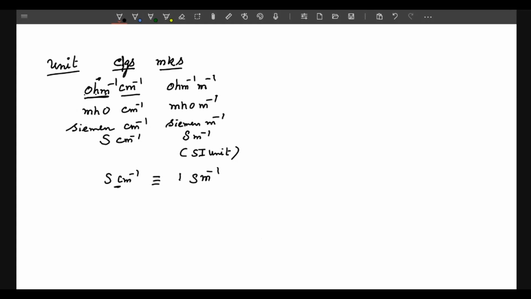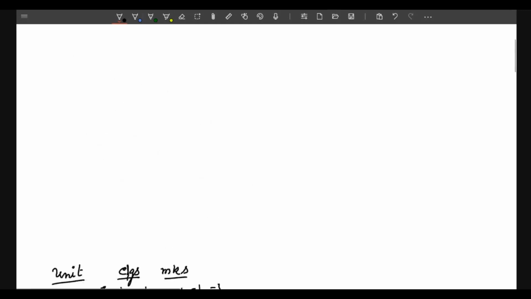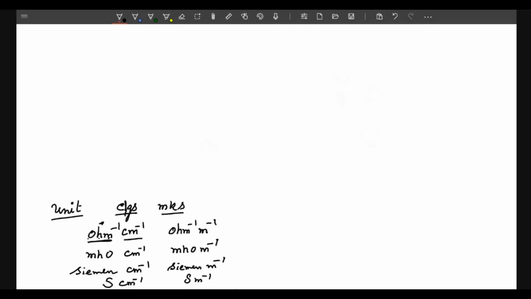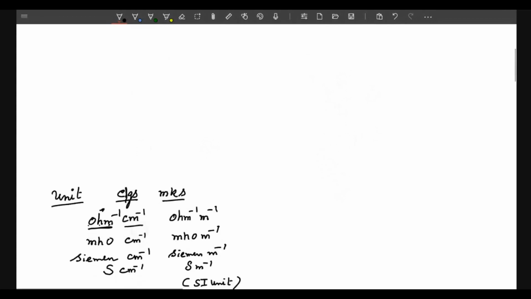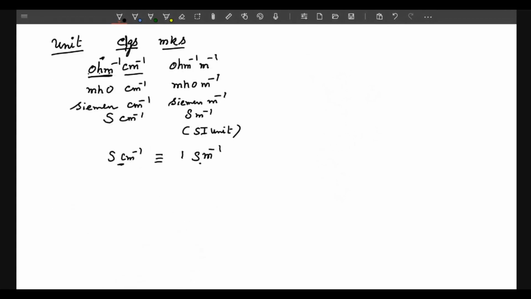The centi should not be present to convert this Siemen per centimeter to Siemen per meter. Here the centi is absent. Therefore, take it outside: 10 power minus 2 power minus 1, meter power minus 1, is equal to 1 S per meter. This is equal to how much? 10 power 2.